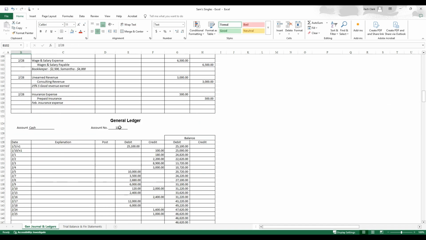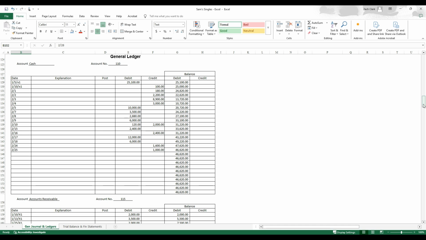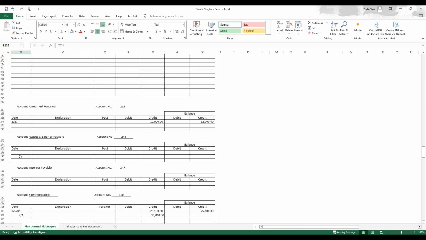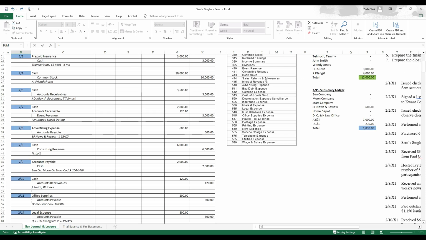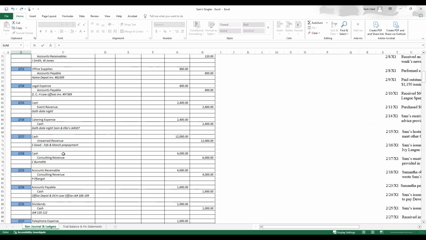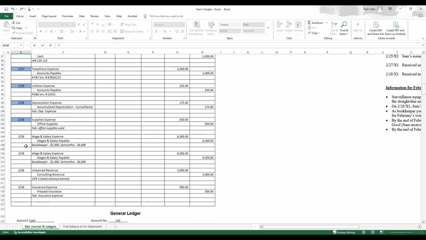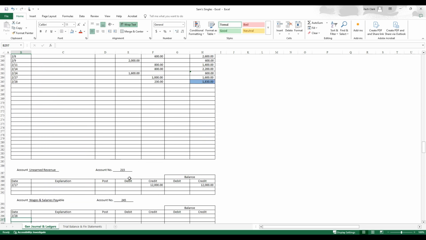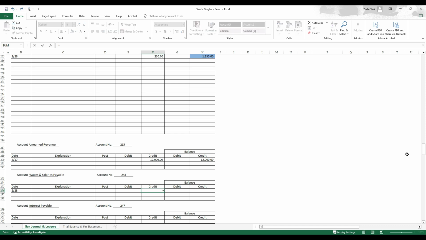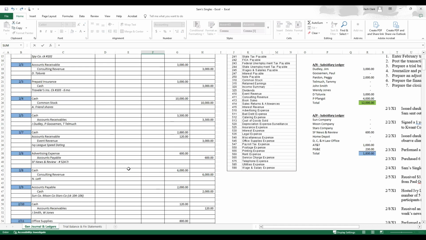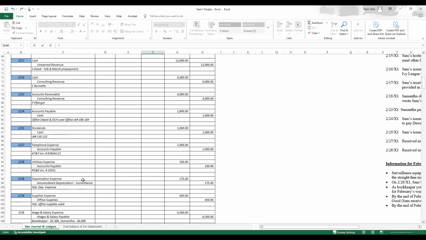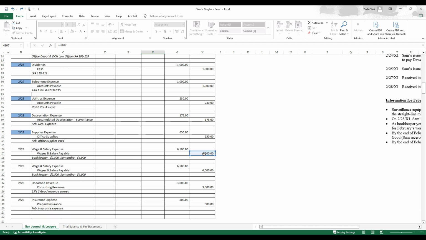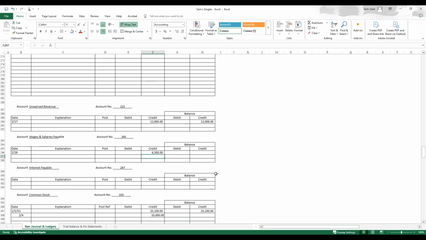Wage and salary expense and wage and salaries payable. Here's wage and salaries payable, so let's do that first. That'll be a 650, or this would be a credit. That's the credit piece because it's an increase in a payable. And then the other side, and that'll carry over to our running total.